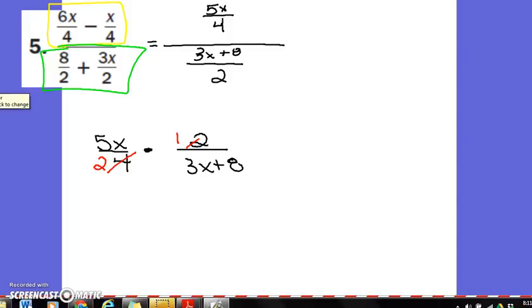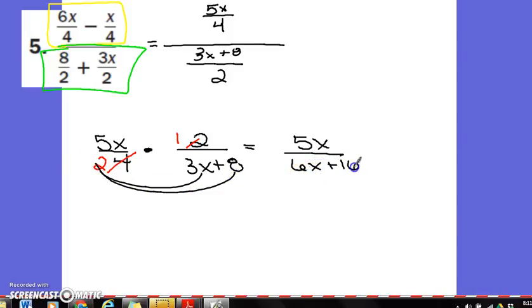You multiply straight across. So 5x times 1 is just 5x. 2 times 3x plus 8, you must distribute, so 2 times 3x gives us 6x, and 2 times 8 gives us a plus 16. There's our answer.